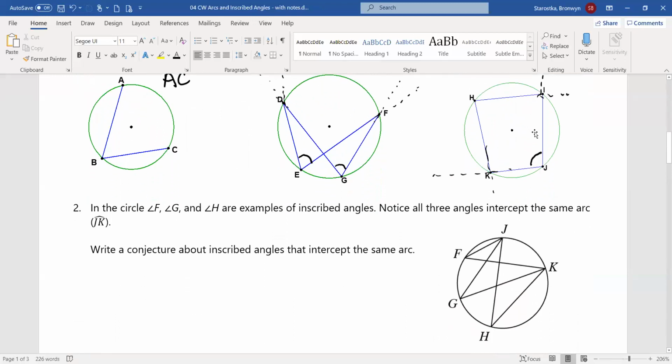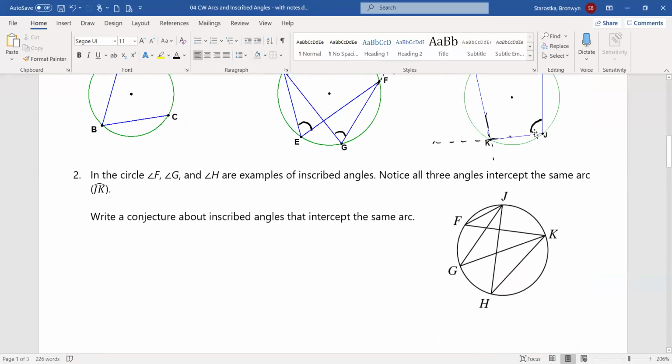In this circle, F, G, and H are examples of inscribed angles. Notice that all three angles intercept the same arc. Let's highlight that. Oh well.